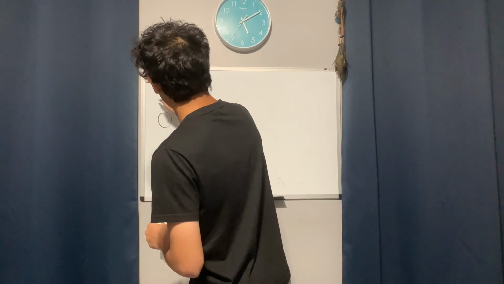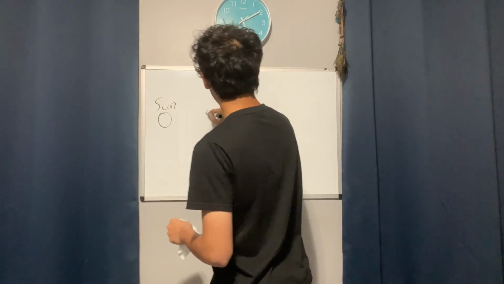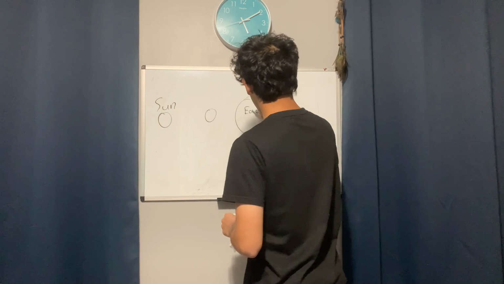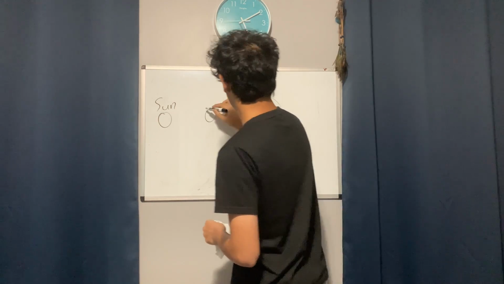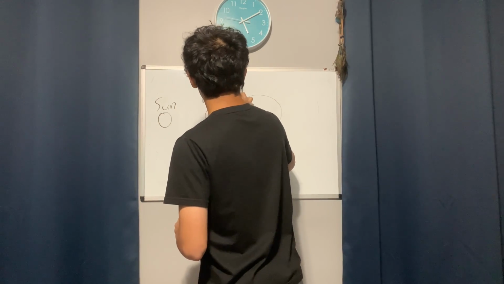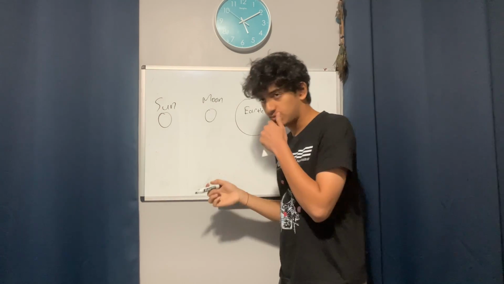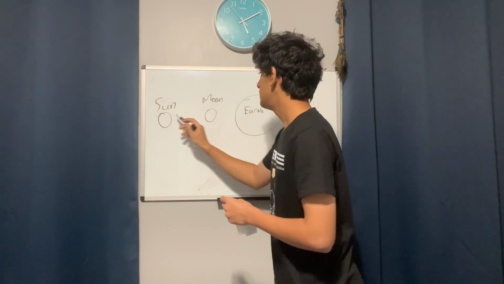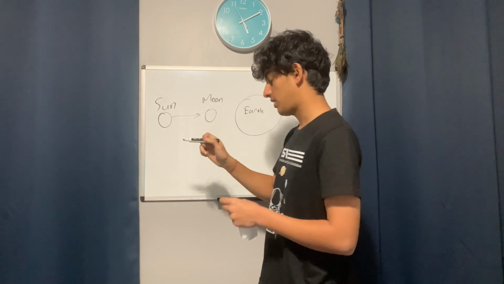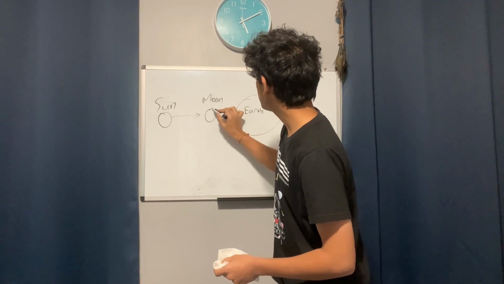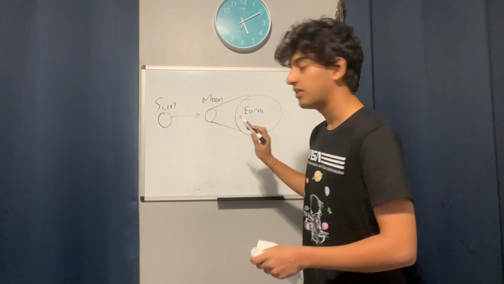So we have the sun here, the moon, and the earth. Now the solar eclipse is pretty straightforward, and most people have the correct explanation of it. The sun's light rays go into the moon, and the moon does cast a shadow over the earth.